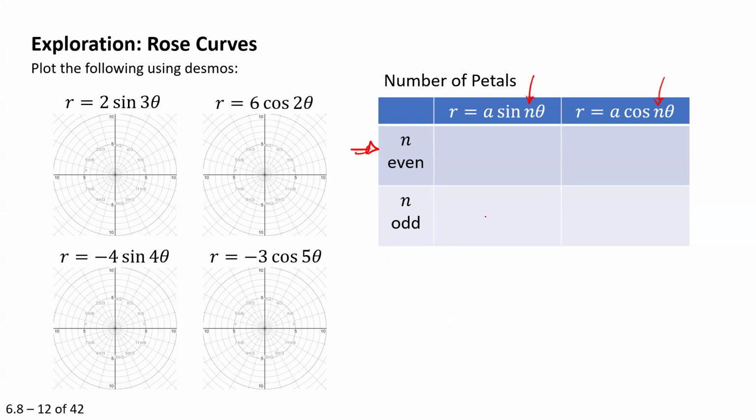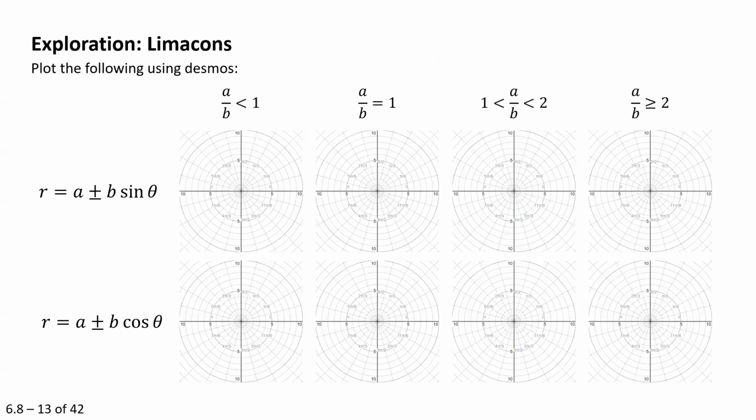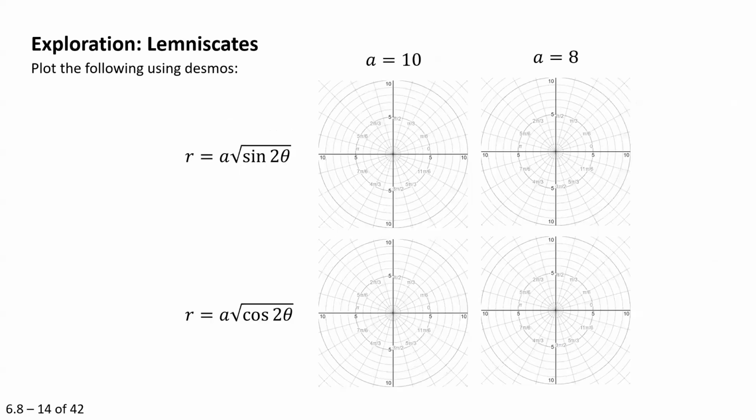Okay, so if it's odd, it's just n petals. If it's even, what happens? It doubles. Okay, and I think we'll probably skip that.